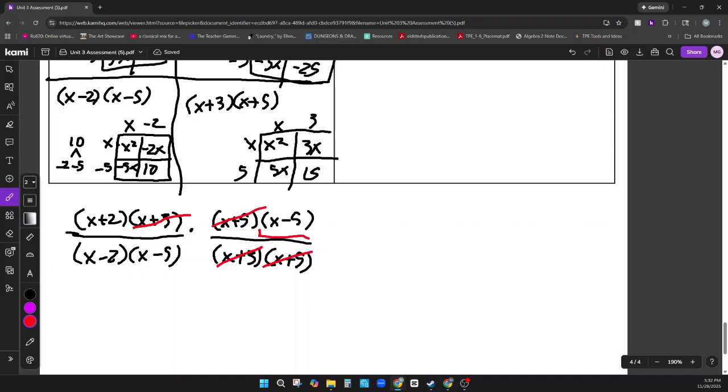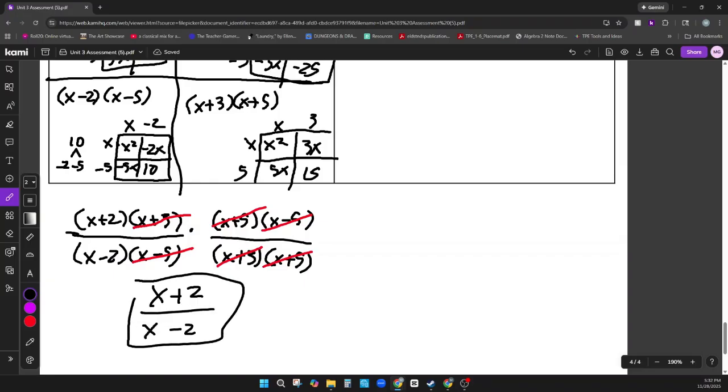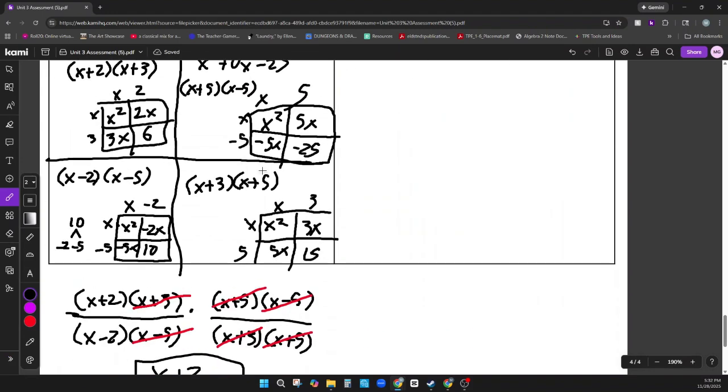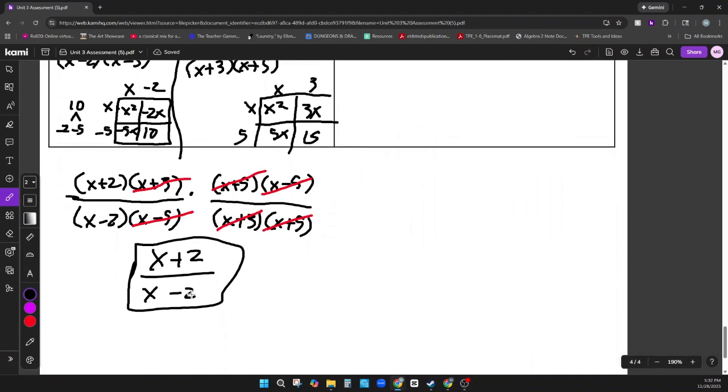And the one that might not be super obvious at first is my x minus 5 and x minus 5 can also cancel, meaning that my final answer is going to be x plus 2 all over x minus 2. And I am done with part A. A lot of factoring, a lot of canceling, but all in all, this is our answer.